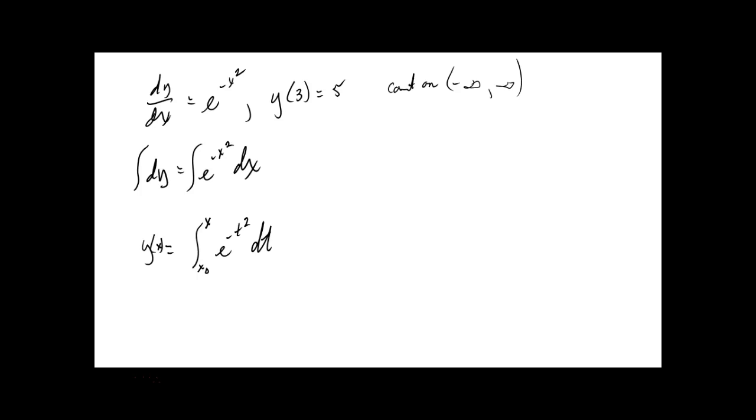But what you can do, we know this is true, and when y of 3 is equal to 5, and that's equal to the integral from 3 to x of e to the minus t squared dt.